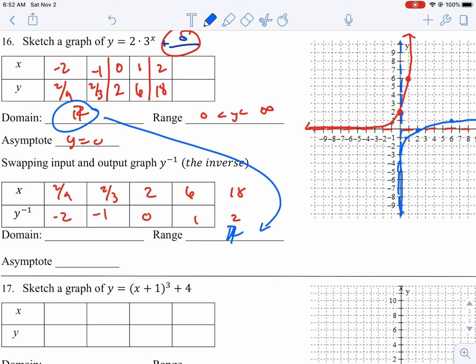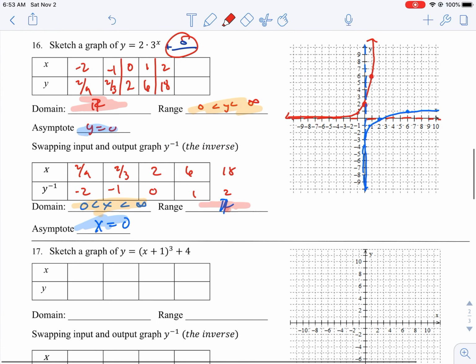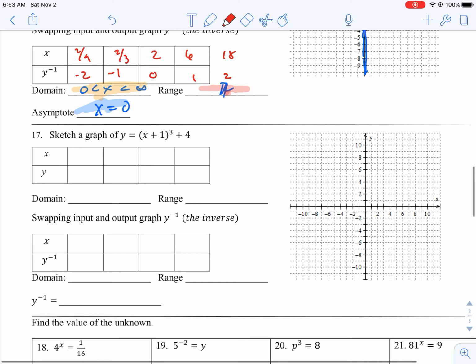You take this, and that goes here. That's 0 less than x less than infinity. And then take your asymptote, and that goes here, but instead of being at y, it's x. So that's the graph.